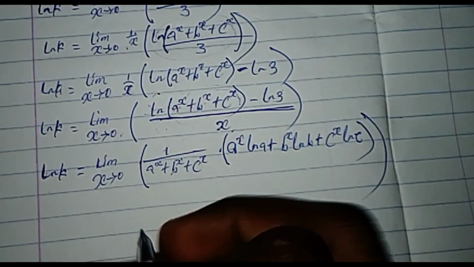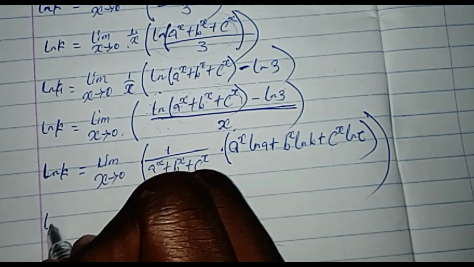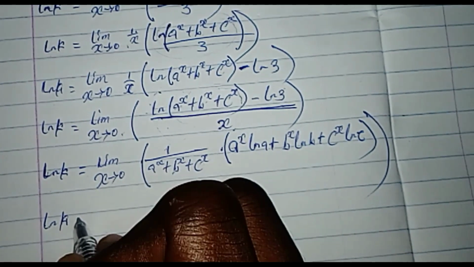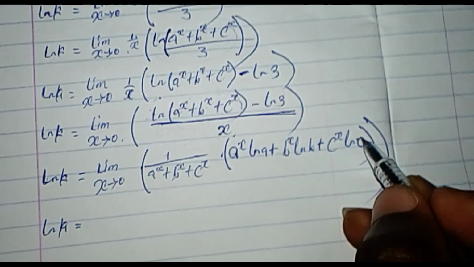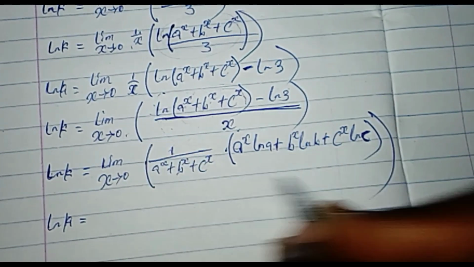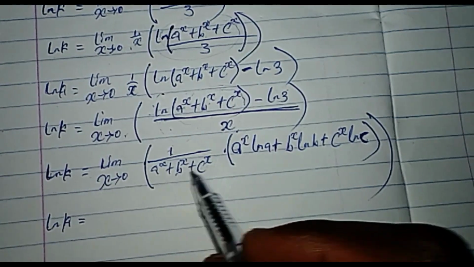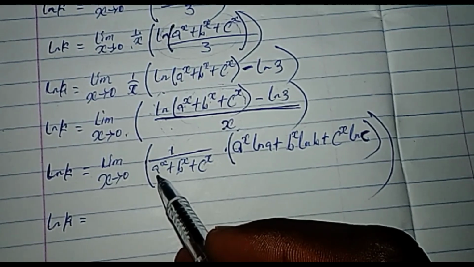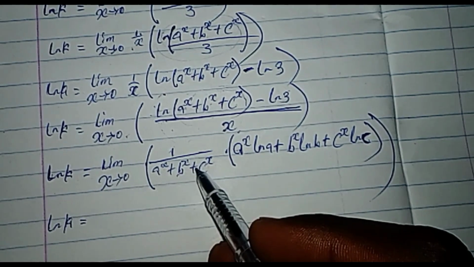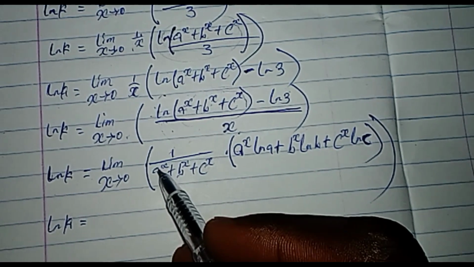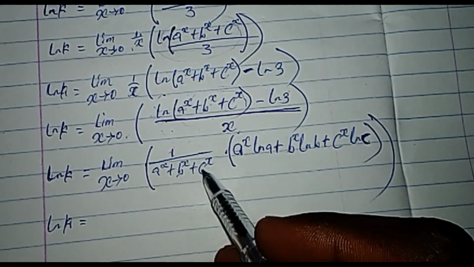So now we say the natural logarithm of k equals the limit as x goes to 0 of this. Now we can substitute our 0 into all of this. So we have a to the 0, b to the 0 plus c to the 0, that is 1, 1, 1, that is 1 over 3.